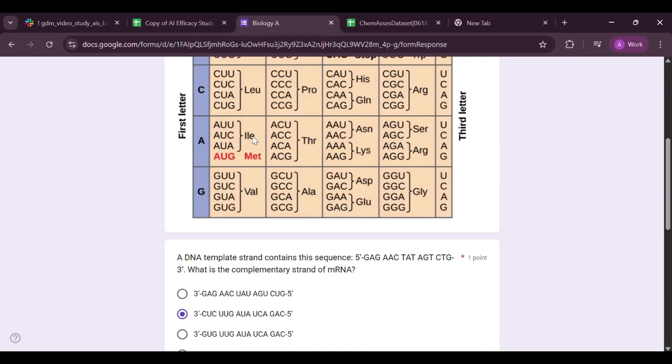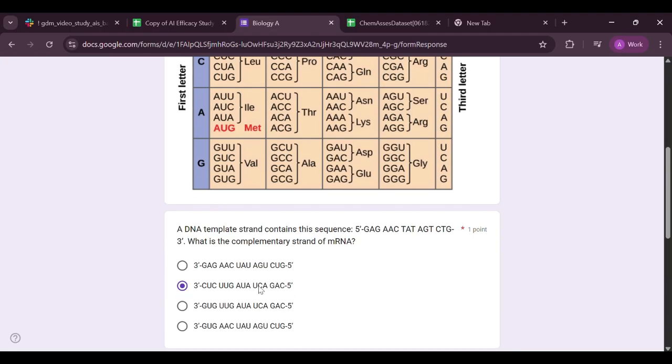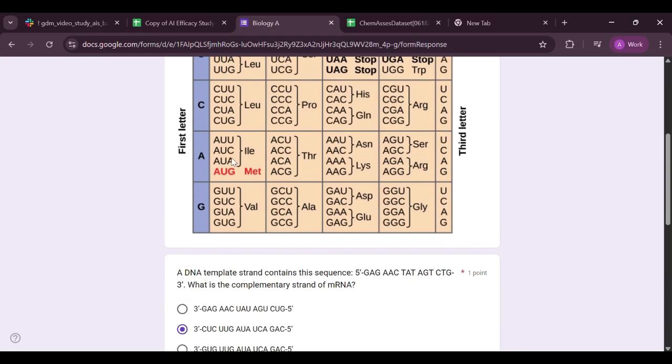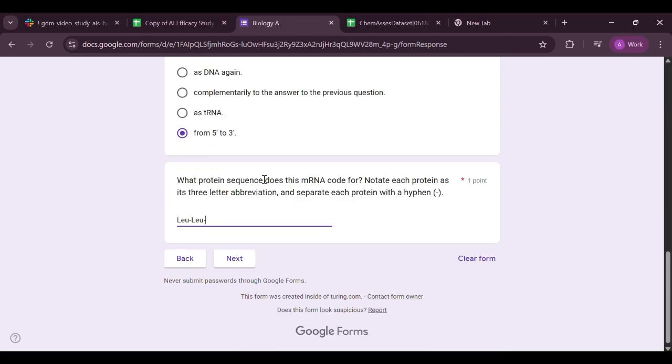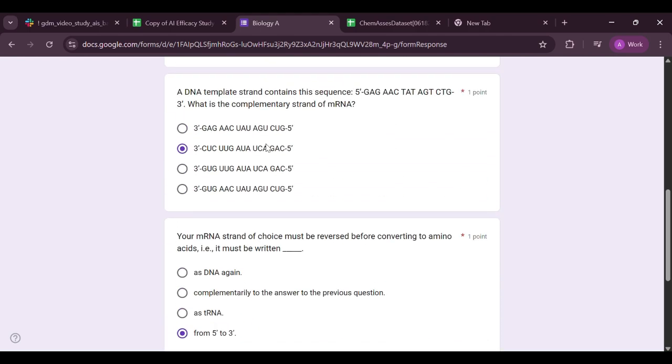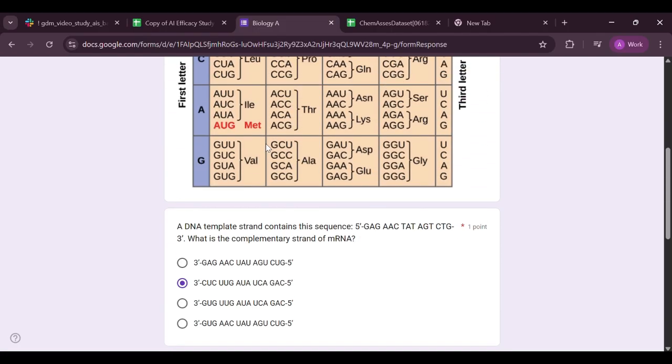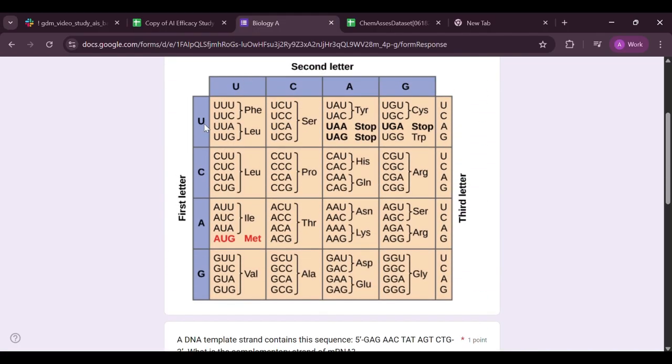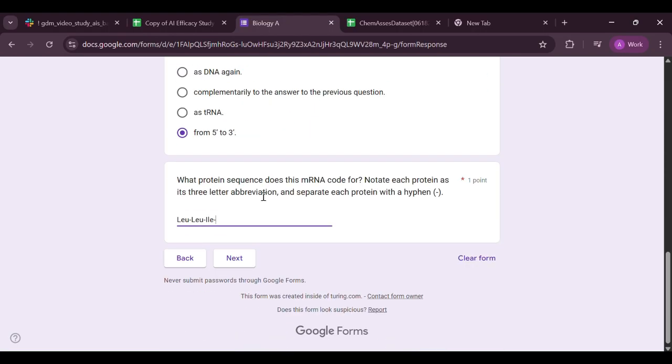Now again AUA, where is this AUA? AUA is here, which is Ile. Further UCA, where is UCA? First letter is this, UCA, Ser.